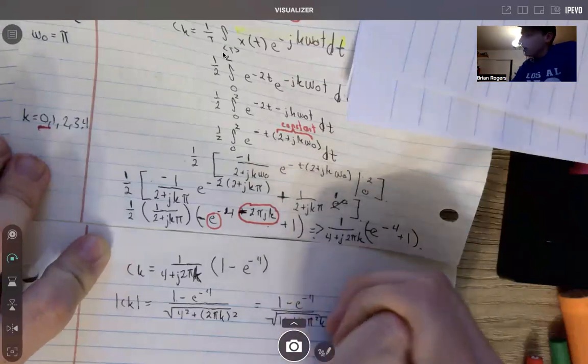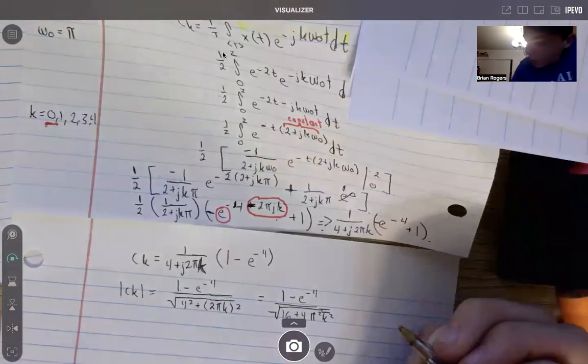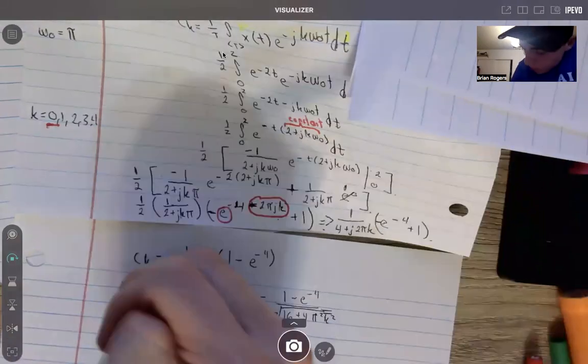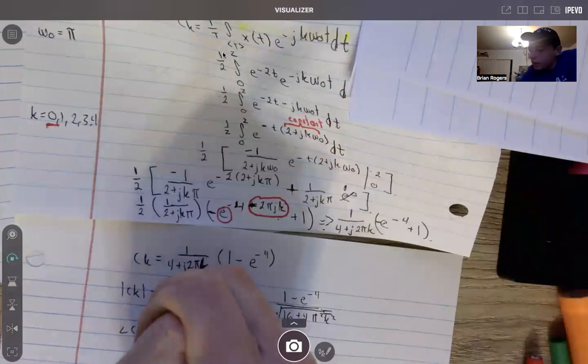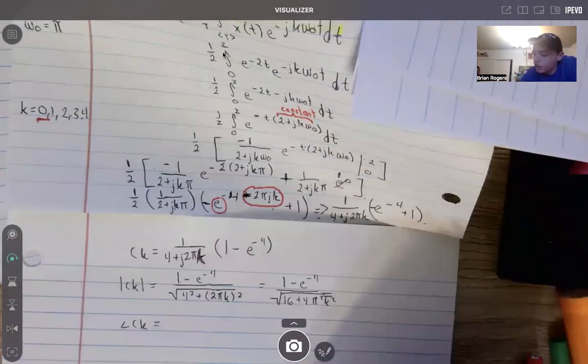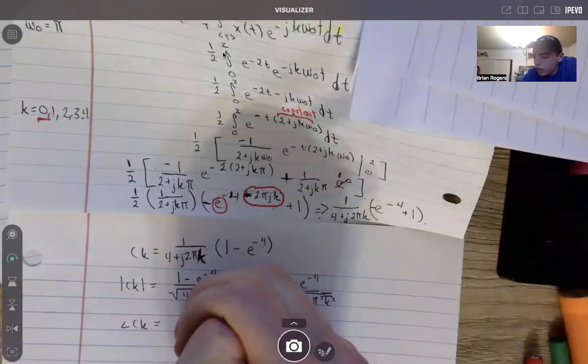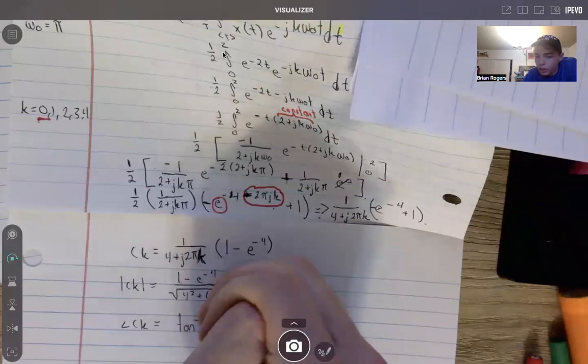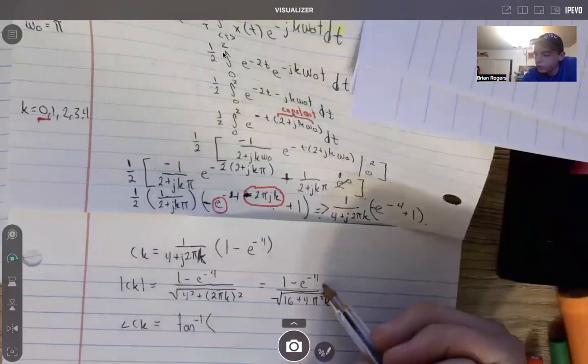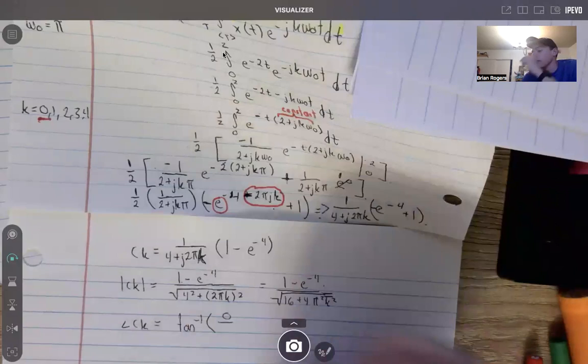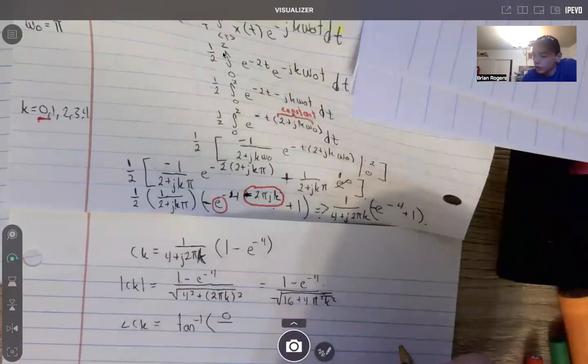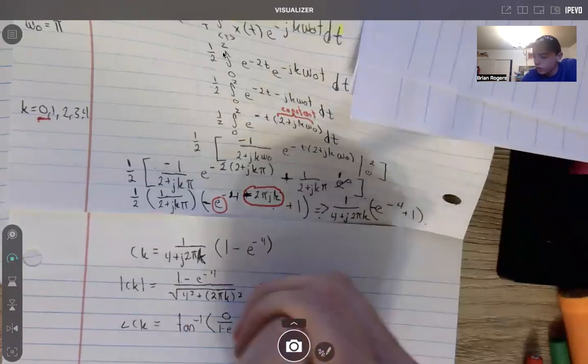Okay. Then your angle of C of k, what's that going to be equal to? It's going to be, remember, tan inverse of the numerator. Is there any imaginary term in the numerator? No. 0 over, and then the real part would be 1 minus e to the -4.